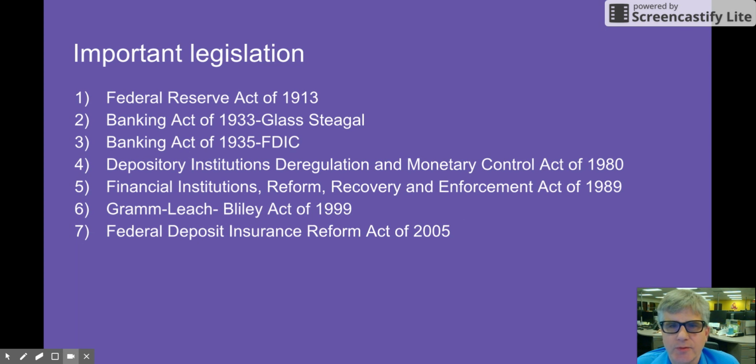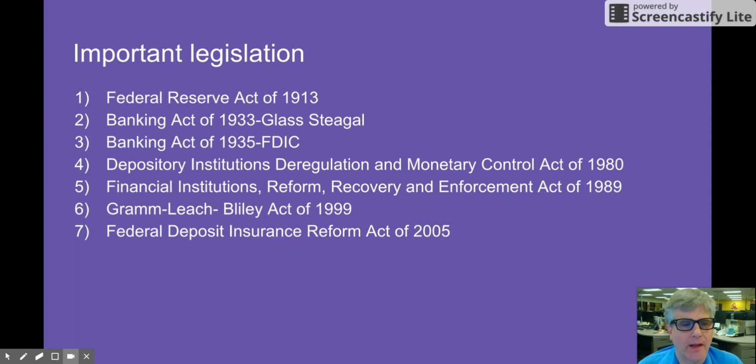And then in 9 years, we had a savings and loan crisis, and many savings and loans went bankrupt, and there were $250 billion in government bailouts. So this bailed out the savings and loan, the Financial Institutions Reform, Recovery, and Enforcement Act of 1989.